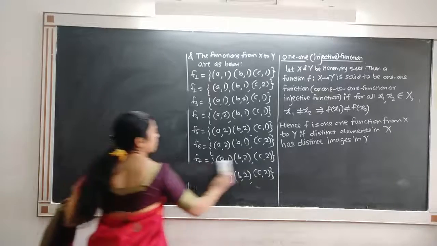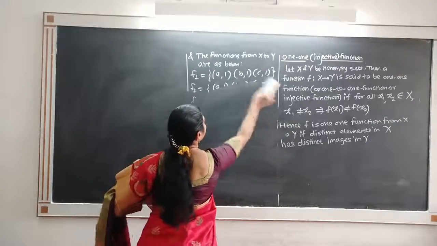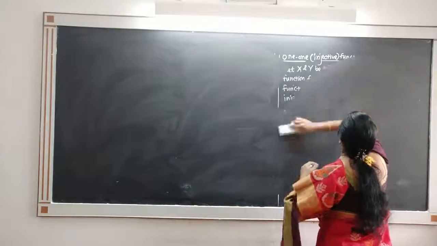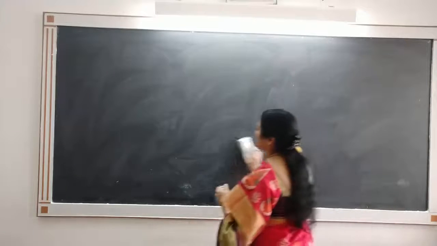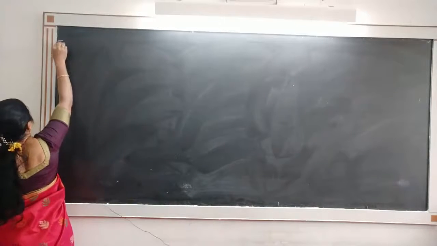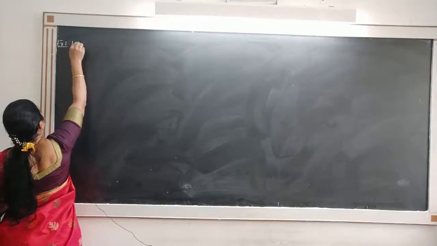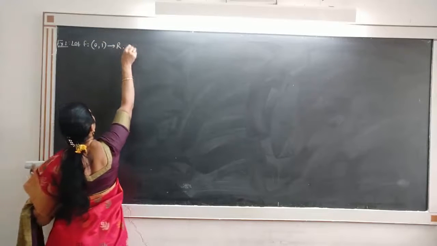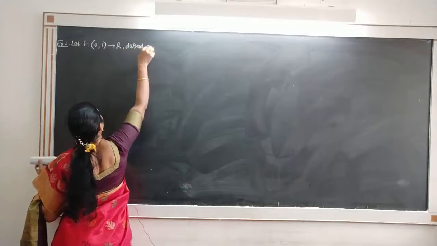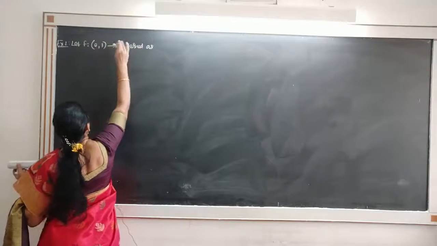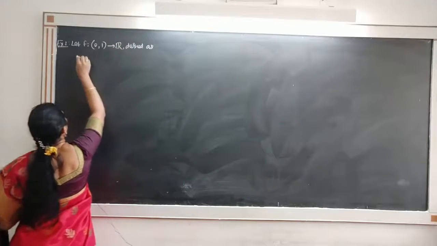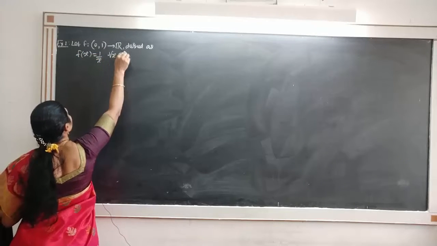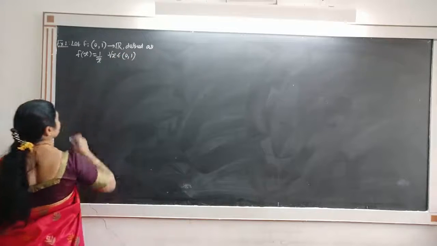Consider an example. Let f be from the open interval 0-1 to R defined as f of x is equal to 1 upon x for all x belonging to the open interval 0-1.